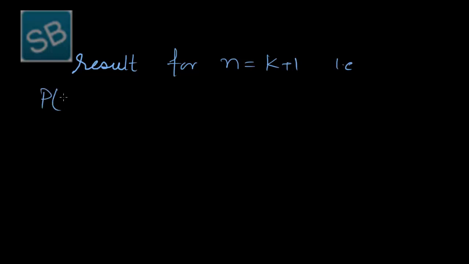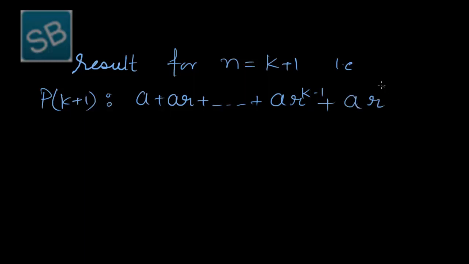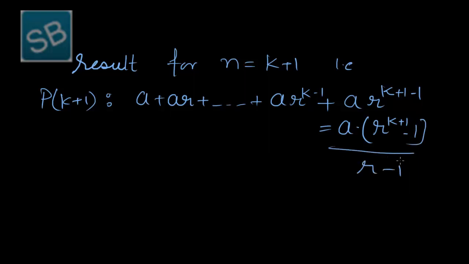That is, P of k plus 1 means a plus a into r up to a into r raised to power k minus 1 plus a into r raised to power k plus 1 minus 1 is equal to a into r raised to power k plus 1 minus 1 over r minus 1. This is our GP series up to k plus 1 term.